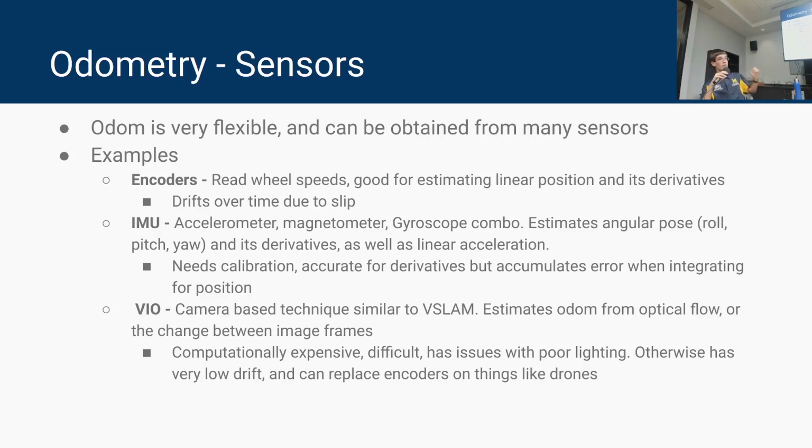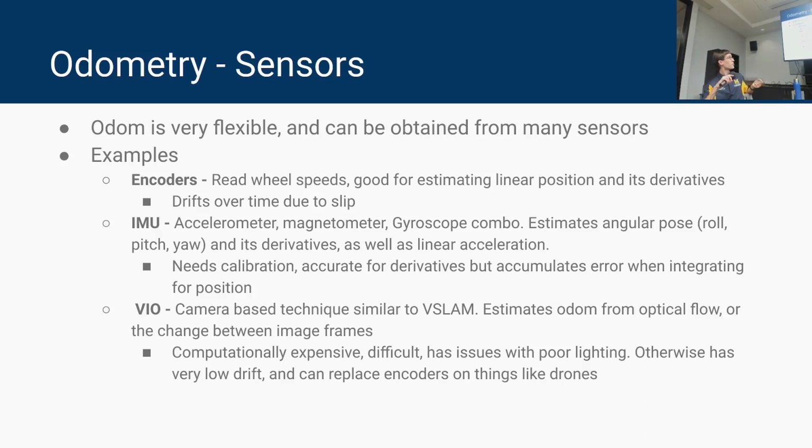This estimates angular pose, which is basically pitch, roll, yaw, as well as linear acceleration and angular acceleration and velocity. This is mostly used for finding your rotational values, because encoders are really, really bad at rotational values. But IMUs are incredible for that. But they're the opposite: they're really bad for linear motion outside of acceleration.